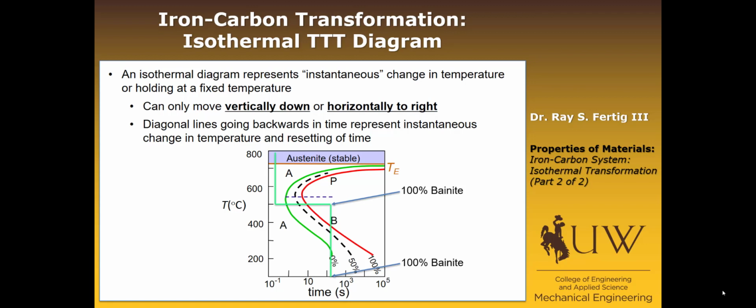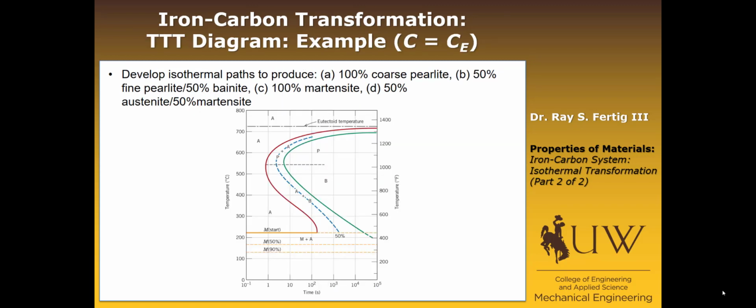Okay. So now we're going to work through several examples to show you how these diagrams work. I want to try to produce 4 different microstructures. The first is a 100% coarse perlite. Remember, we form coarse perlite by cooling relatively close to the eutectoid temperature, as opposed to fine perlite, which is where we cool it further from the eutectoid temperature.